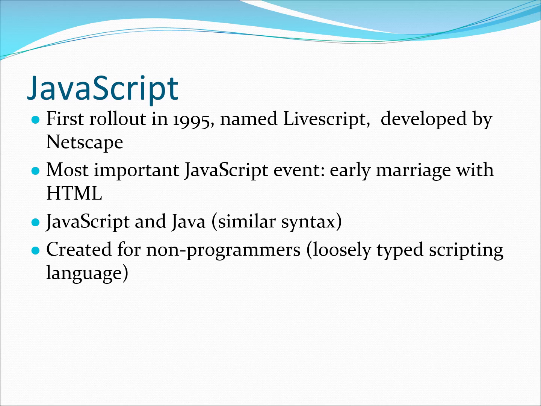We already know about JavaScript. It was first rolled out in 1995, named LiveScript, developed by Netscape. The most important JavaScript event is its early marriage with HTML. So JavaScript with HTML provides interactivity. JavaScript and Java have a similarity in name, but both are entirely different.